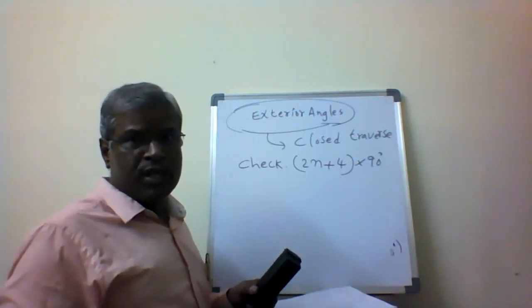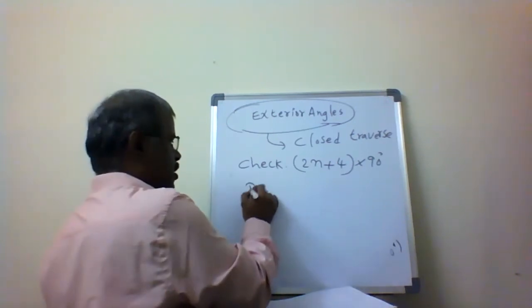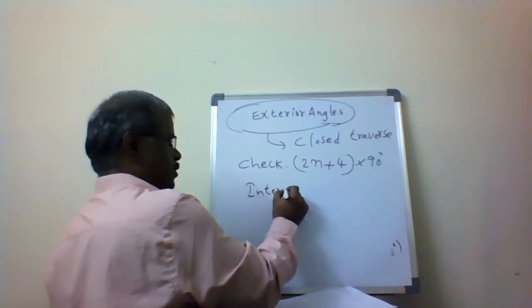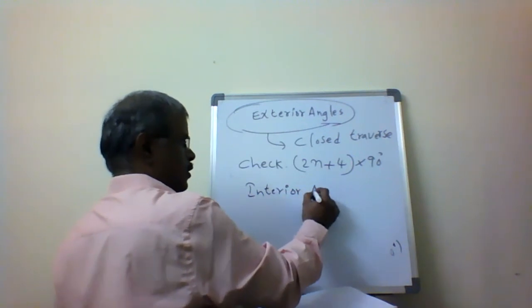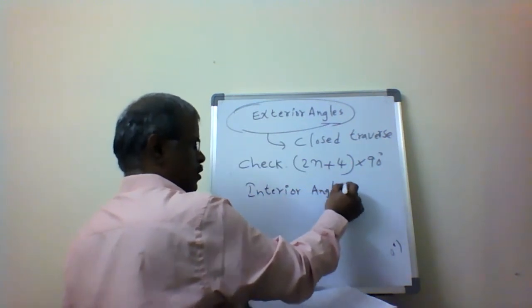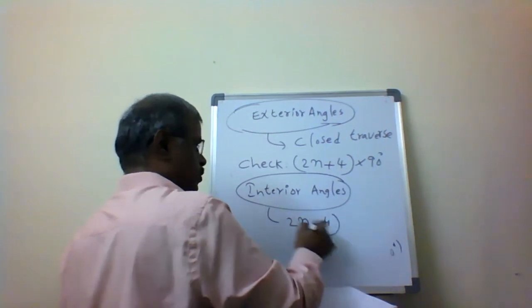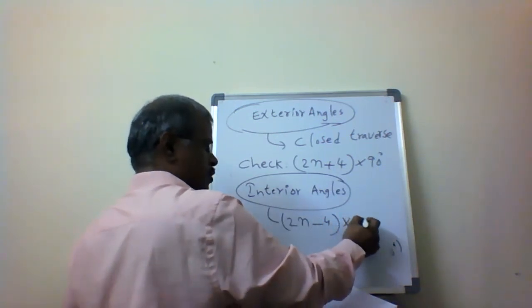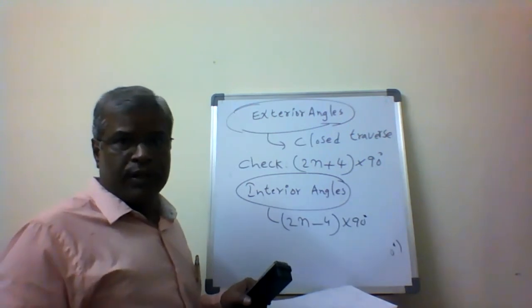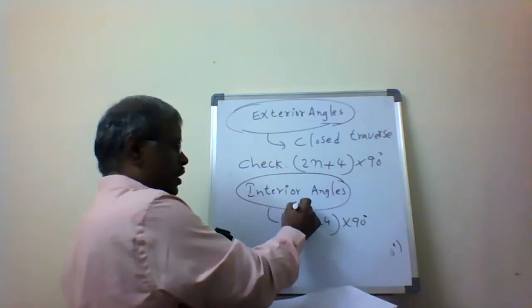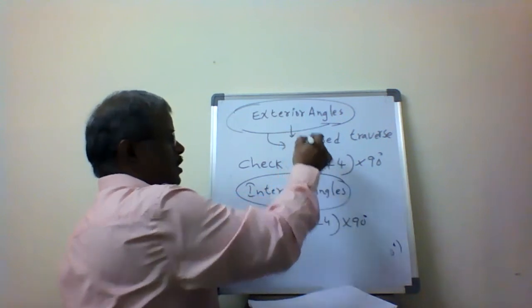The previous one, for the interior, the check is 2n minus 4 into 90. 2n minus 4 right angles is for the interior angles.